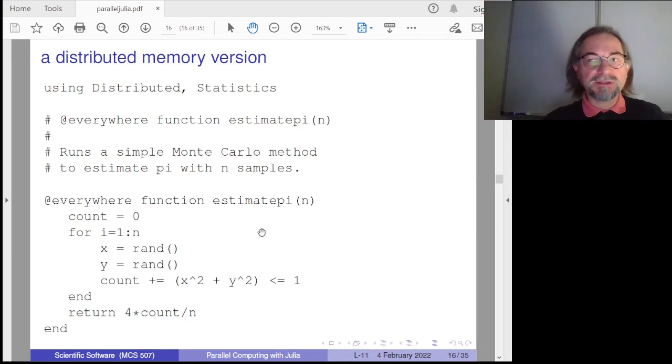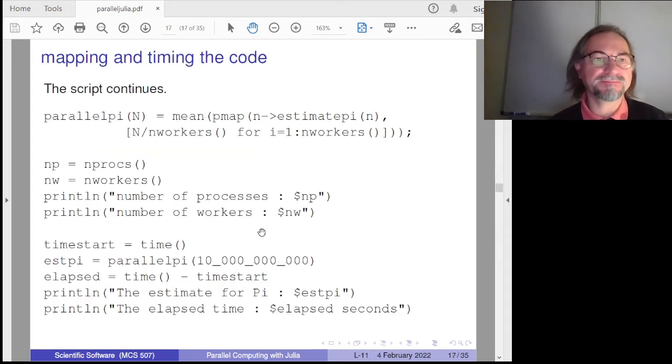What often happens with parallel programs executed by many processes is that every process will execute the same code. So we still have one script, one program, I should say.